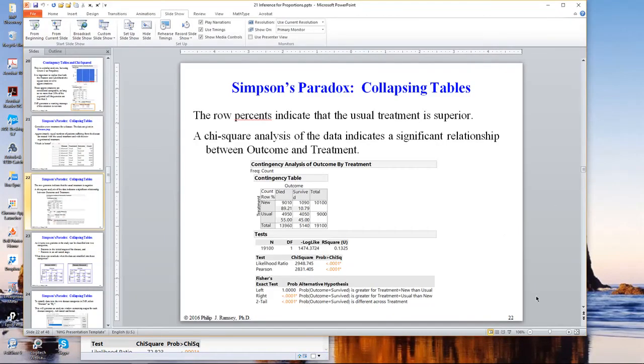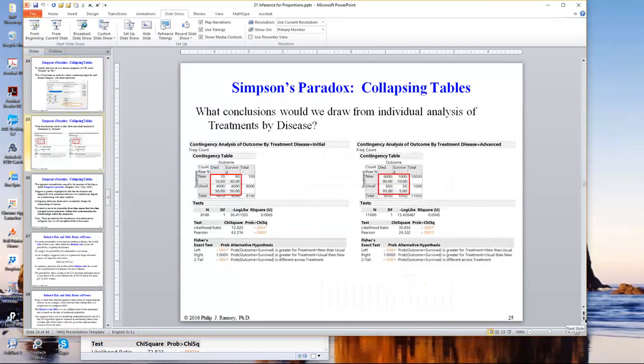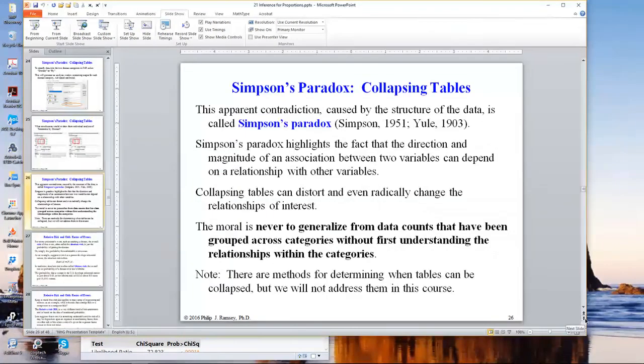So the bottom line to Simpson's Paradox, and this is discussed in the notes, it'll step you through the analysis, is the fact, and I'll show you this on slide 26, the moral is never to generalize from data counts that have been grouped across categories without first understanding the relationships within the categories.